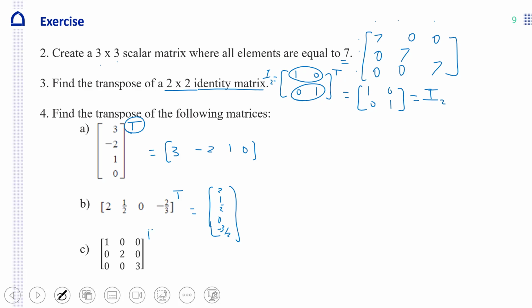Now, to get the transpose for this one, you take the first row as the first column, the second row as the second column, and the third row as the third column. Okay? Easy?